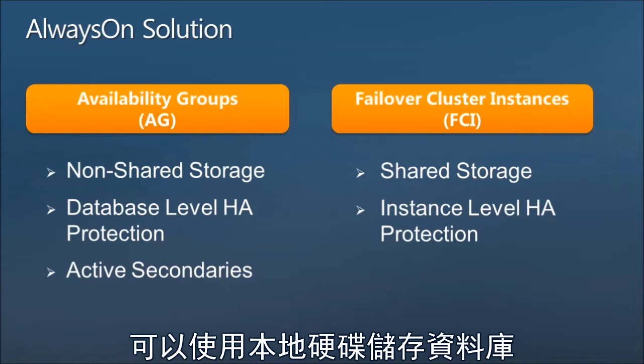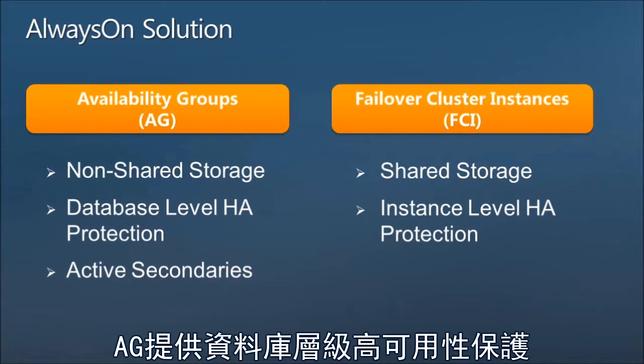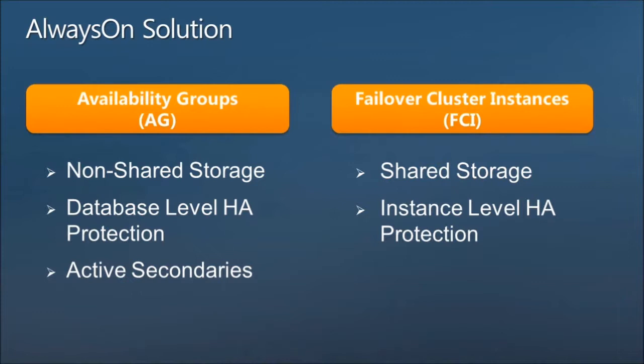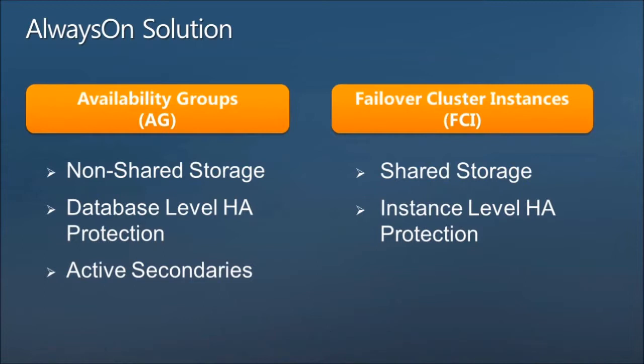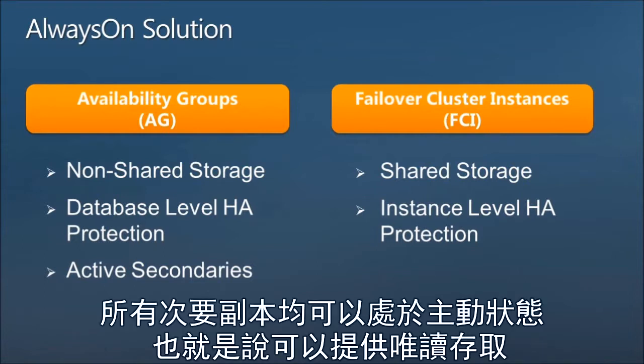You can use your local disk to store your databases. And AG provides database level high availability protection. Also, there's no active passive concept for Always On AG. All the secondaries can be active, which means they can provide you read-only access.